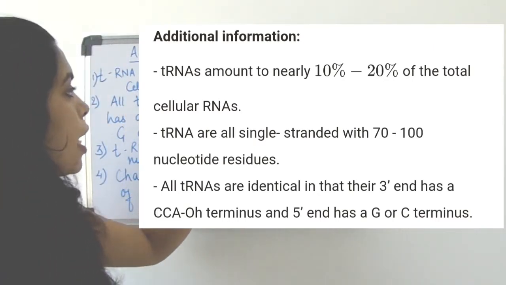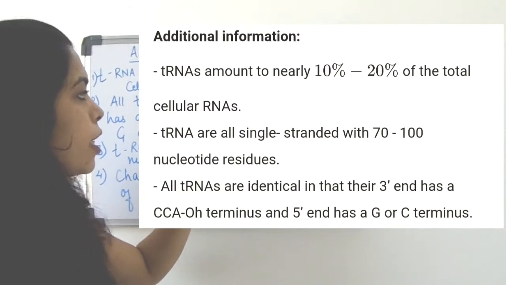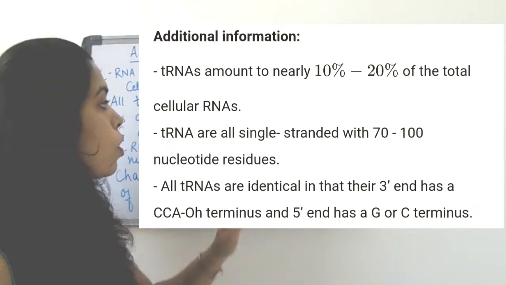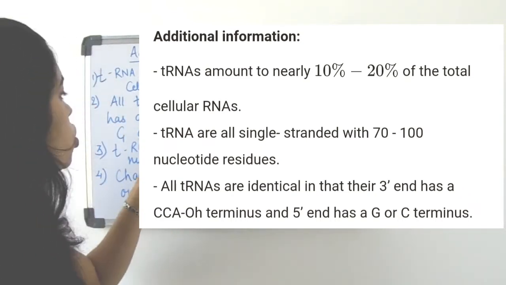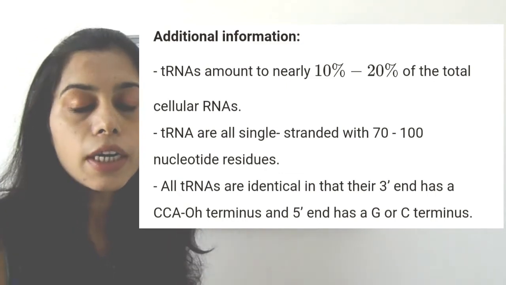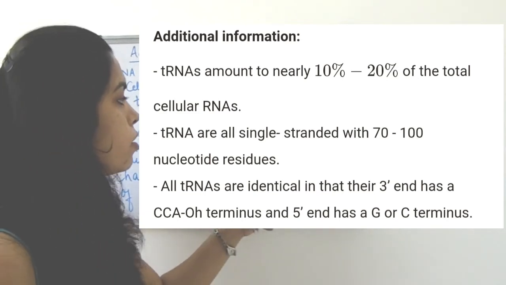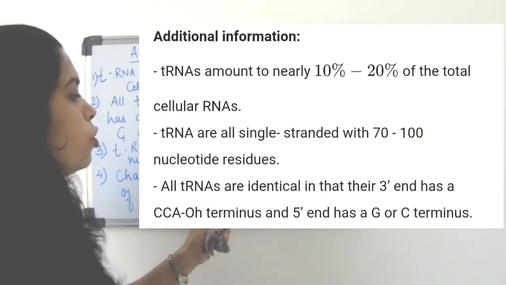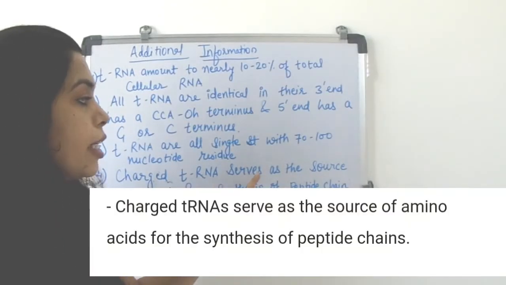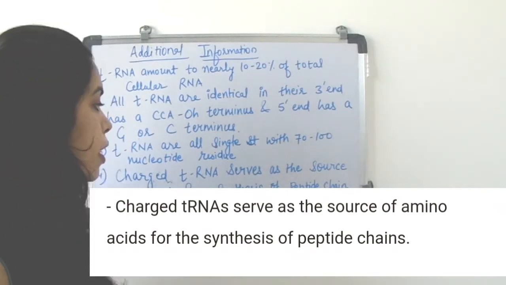Second, all tRNA are identical in their 3' end and have a CCA-OH terminus. मतलब 3' में CCA-OH terminus ही present होगा, and at the 5' end it has a G or C terminus, और 5' end पे G और C terminus present होगा. tRNA are all single structure with 70 to 100 nucleotide residues. Charged tRNA serve as the source of amino acid for synthesis of peptide chain.